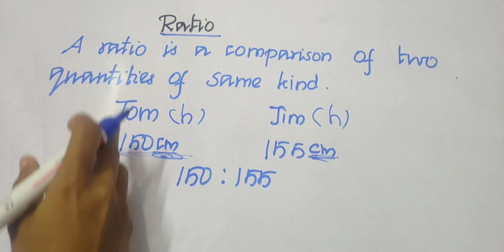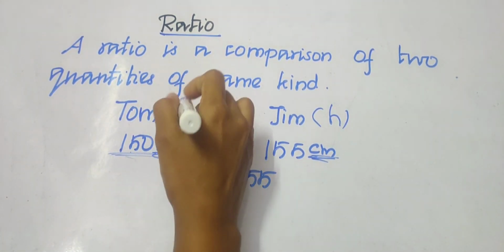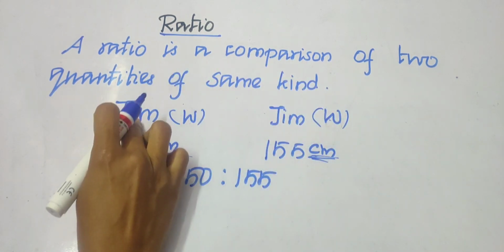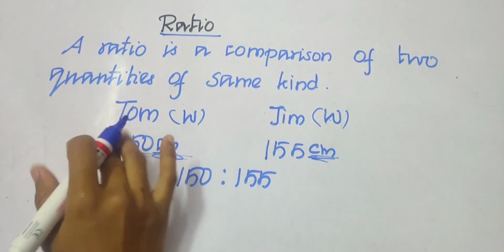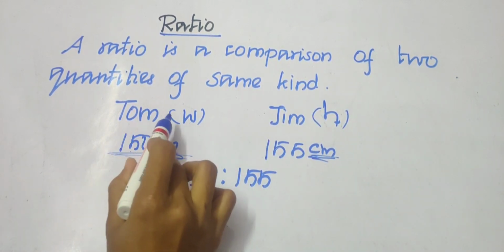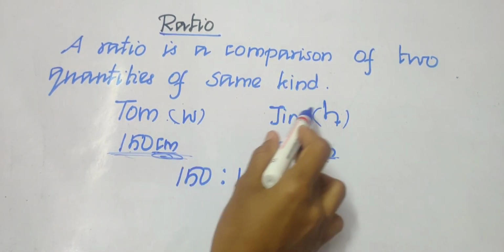If you are comparing the weights of Tom and Jim, how will you compare? We should compare the weight of Tom and the weight of Jim. We should not compare the weight of Tom and the height of Jim. If you are comparing the weight, you should compare the weight of both persons. A ratio is the comparison of 2 quantities of the same kind.